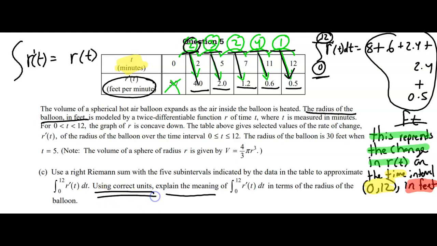And for the correct units, since r prime is feet per minute, the integral of r prime is r, which they tell us is just feet, so it gets rid of the minutes. So we have our 3 things. We have our answer, which I didn't choose to add up. We have our units, and then we have our explanation. And like I said, the first part up here could be anywhere from 1 to 2 points, and the explanation could be worth 1 to 2 points, depending on how they want to score it.